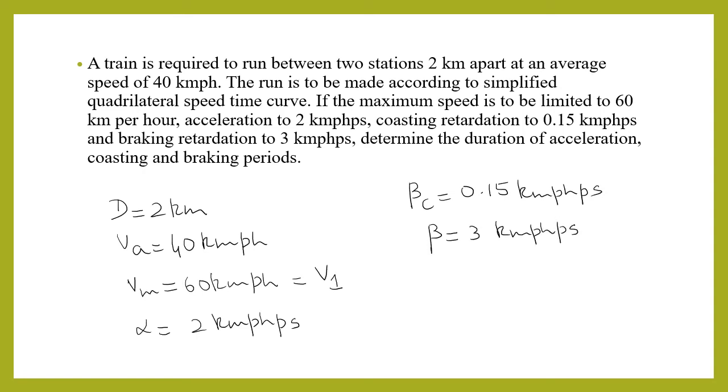So we are supposed to find the values of T1, T2 and T3 in the quadrilateral speed time curve.